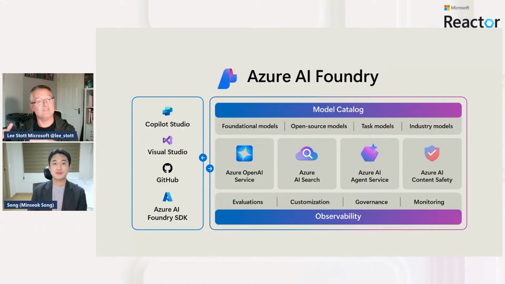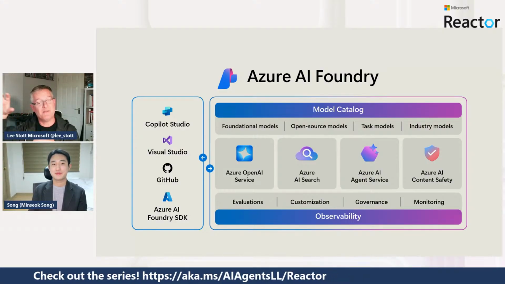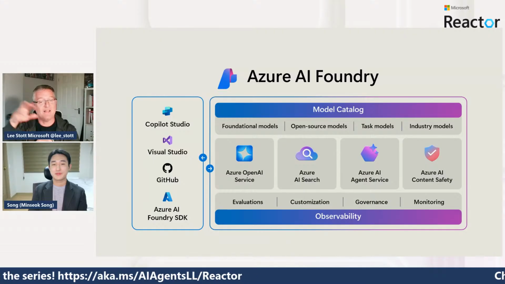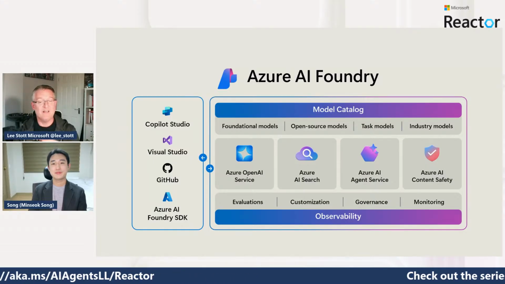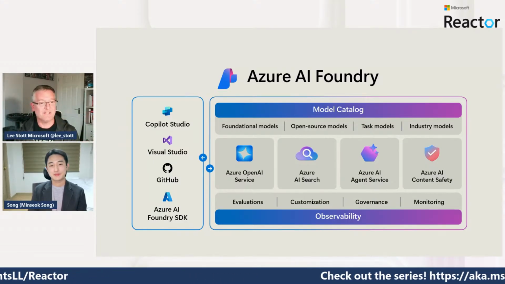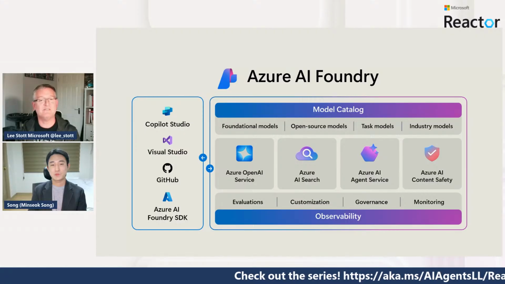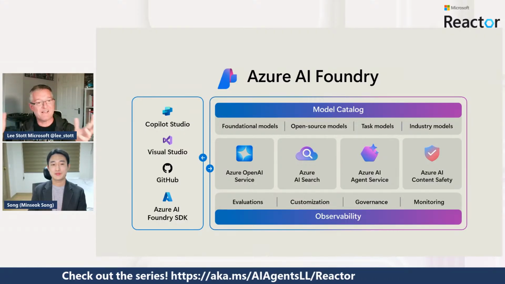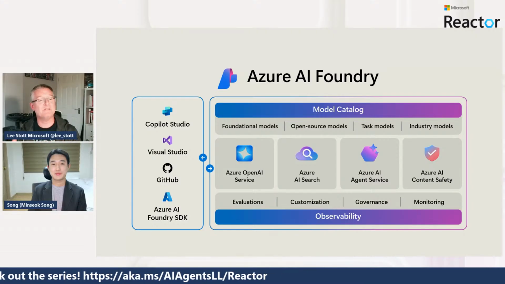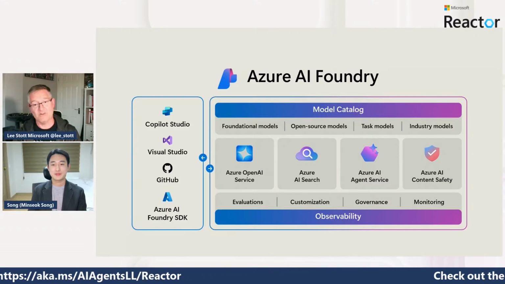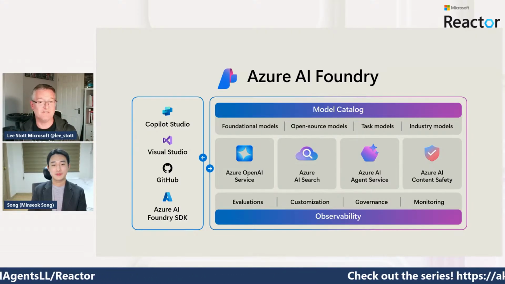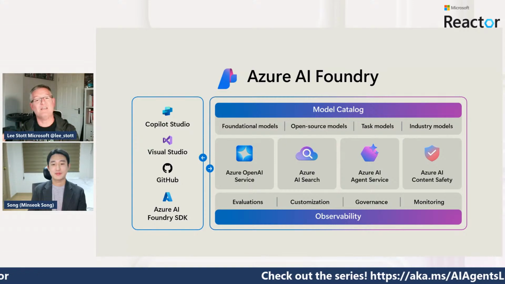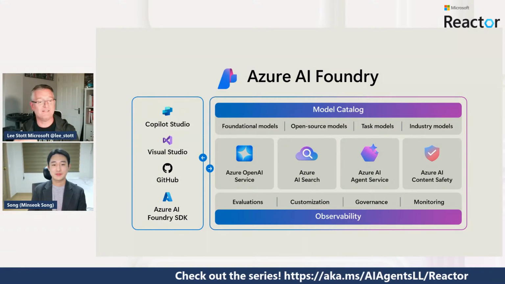We then have our agent service. This allows us to build agents on that data and on that model. Then we have our content safety, which wraps around all this. This is really the security and protection of not only our AI system, so the ability to stop people trying to jailbreak your agent or your LLM services, but also how you present data and information back to the end users.